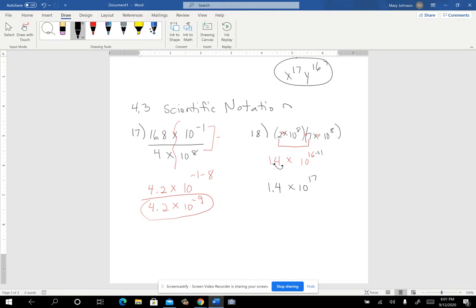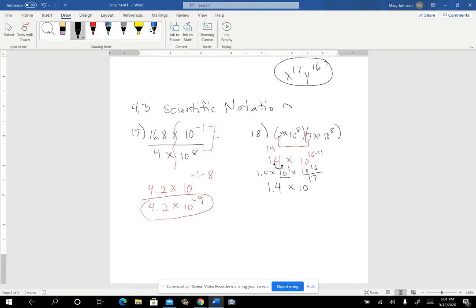All right, another way to see it is 14, which is what I originally had. Remember that was 14 right there? That's the same as 1.4 times 10. And so another way to see the 17 is to realize I just put the 10 to the first from here together with the 10 to the 16th. I just use a little shortcut when I do it, and I thought I'd share it.